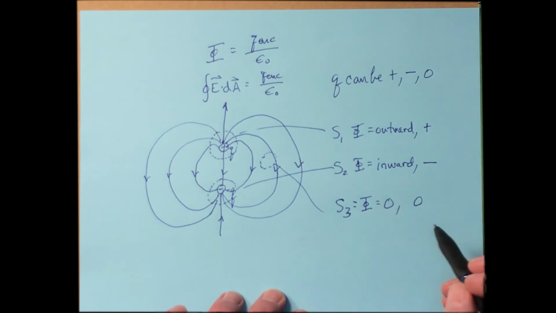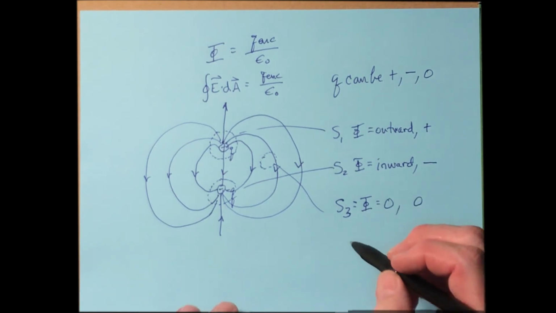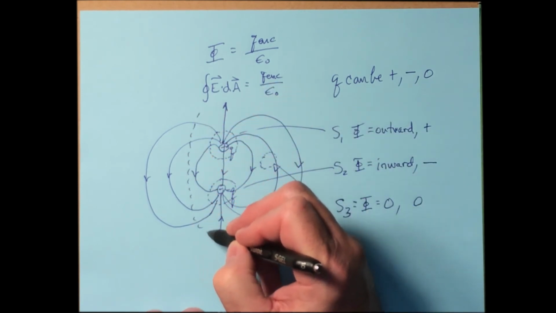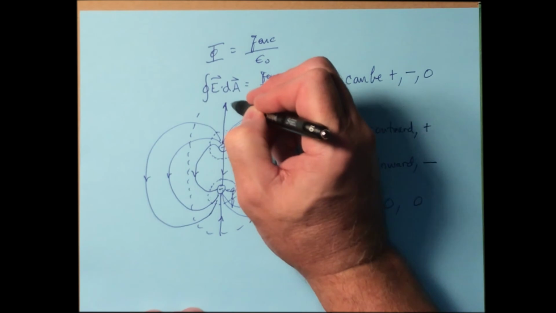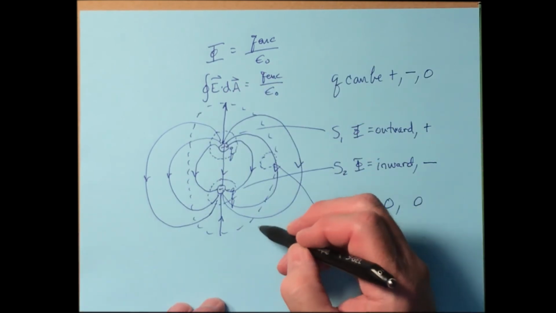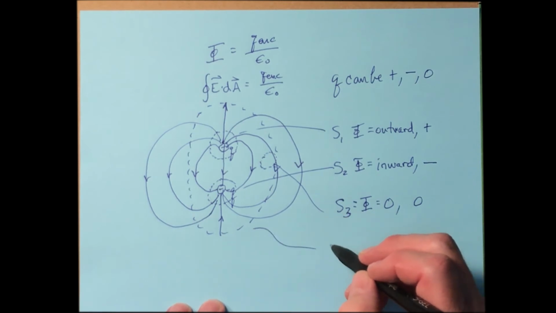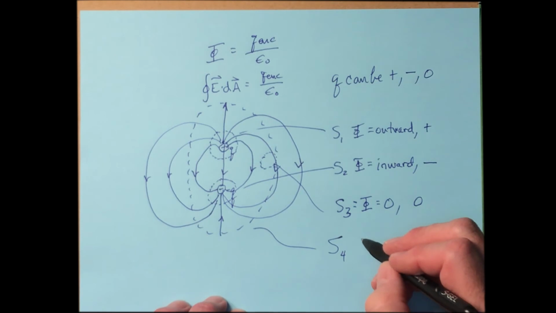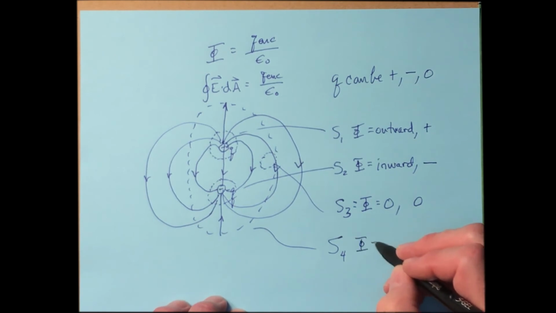All right, let's do one more surface. This time, here's my Gaussian surface. You could say that's a nice sphere, but you get the point. There's nothing special about the shape of the surface. That's surface 4, though. What is the flux?